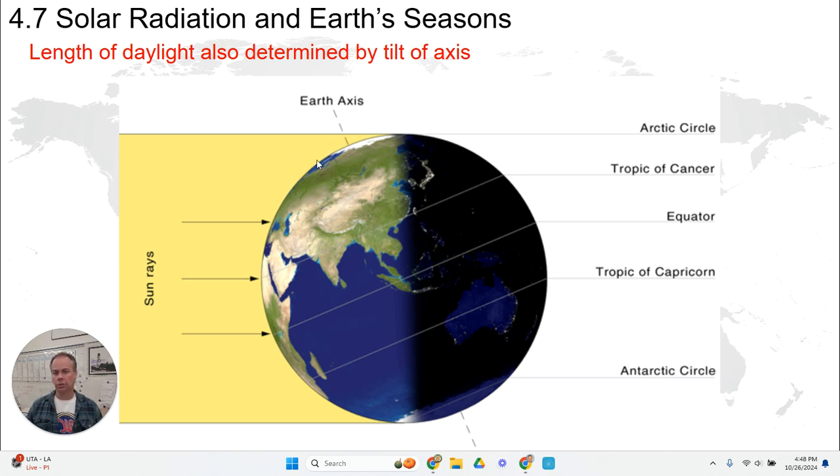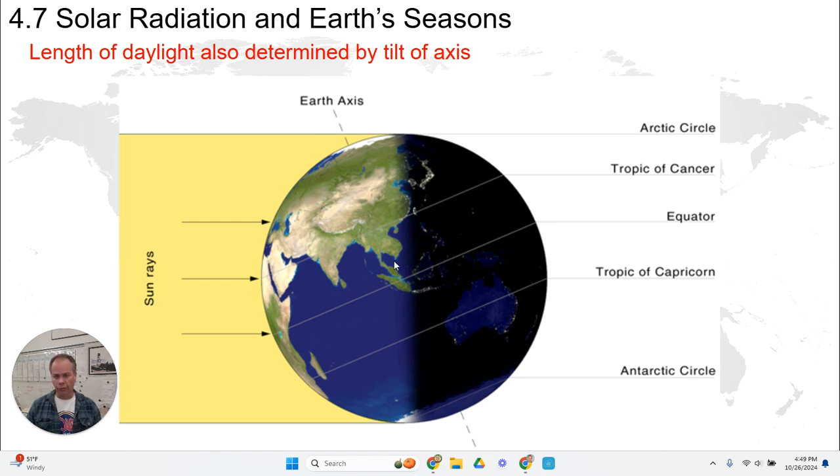As the Earth is rotating, the entire Arctic Circle up here stays inside of the sun's rays for the entire 24 hours. This is when there's 24 hours of daylight at the North Pole. And the same is true down at the South Pole, but reversed: when the South Pole is tilted away from the sun's rays in the wintertime, there's 24 hours of darkness.